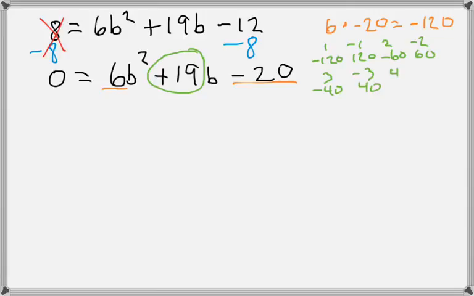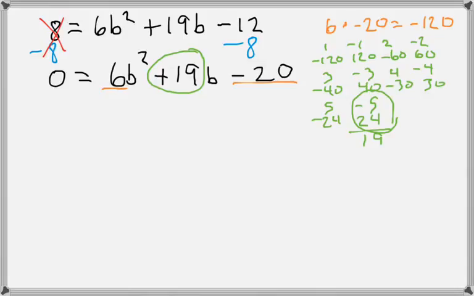There's 4 and negative 30, and negative 4 and positive 30. And then there is 5 and negative 24, and negative 5 and positive 24. And now we have the factors that add to give us the 19. So we want to use that negative 5 and that 24.